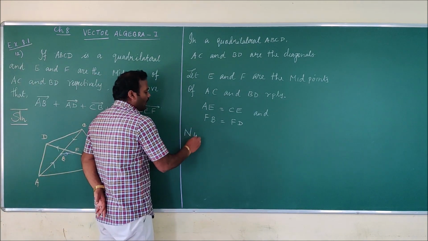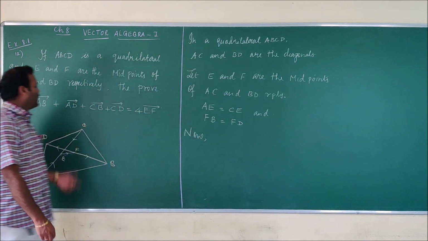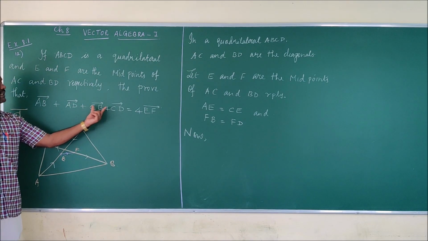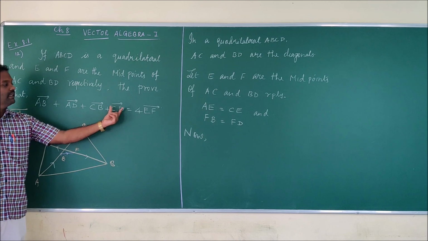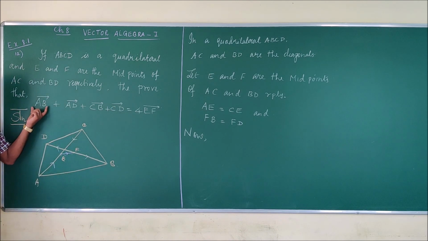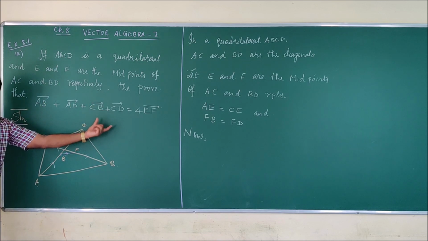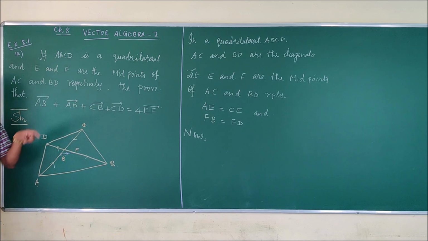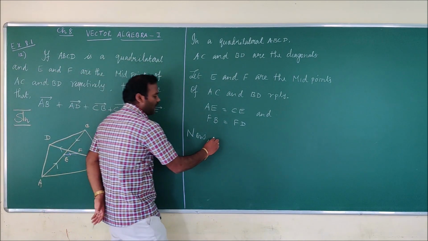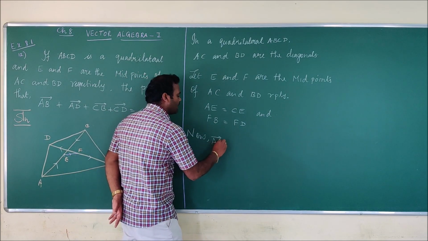Now let us look at what we have to prove: AB vector plus AD vector plus CB vector plus CD vector is equal to 4 times EF vector. I am going to find each vector separately. After writing the vectors separately, I am going to add all 4 vectors. Now we are going to find the AB vector.